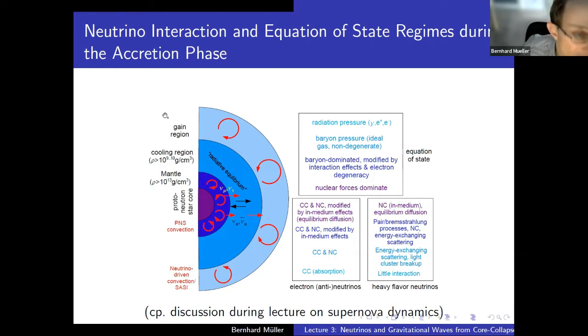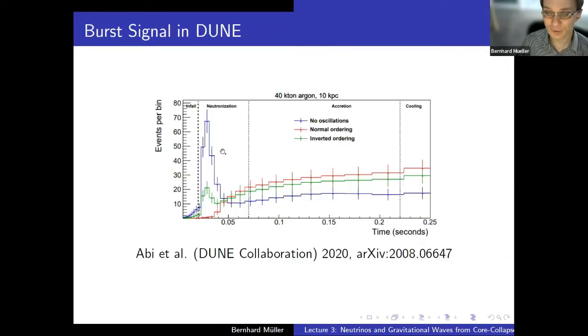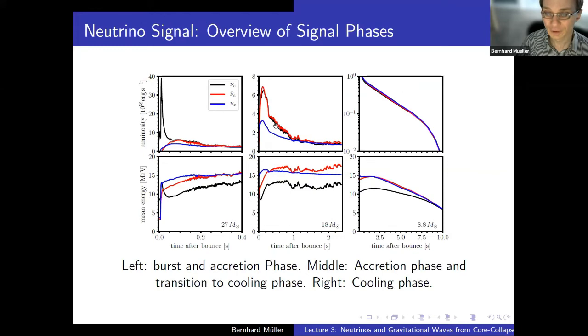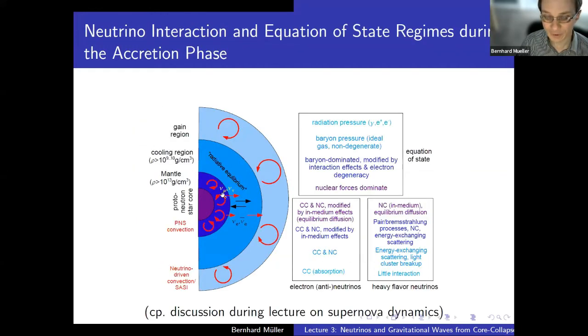Yeah, then the next question is: is there a preference for which flavor of neutrino is emitted? Yes, there is. As I showed you up here, there's simply a preference because some neutrinos can be emitted in this cooling region at lower densities, whereas others cannot. But even, let's say, at the higher densities, the heavy flavor neutrinos and the electron neutrinos and antineutrinos still obey different interaction rates.